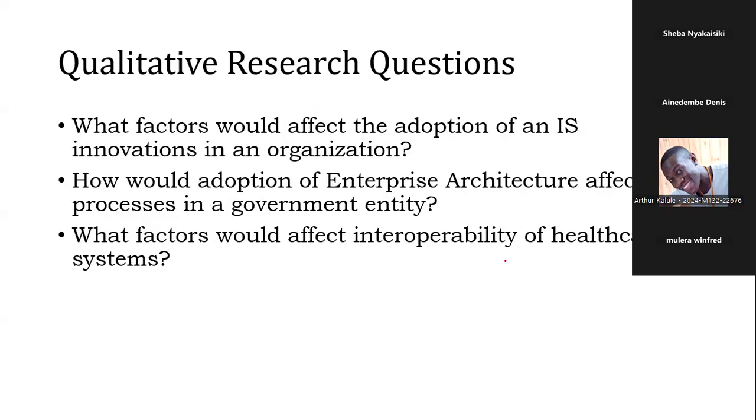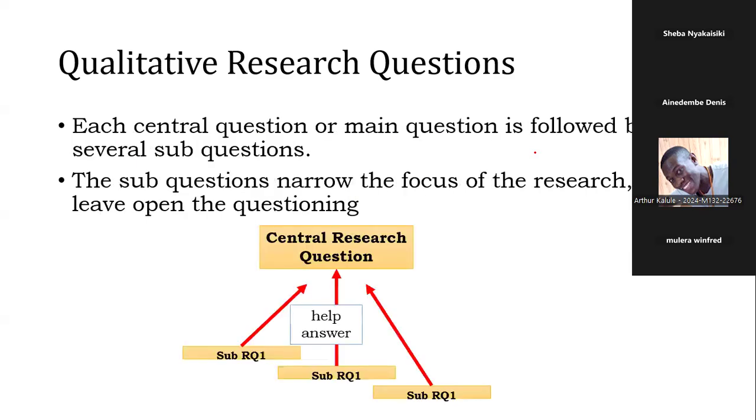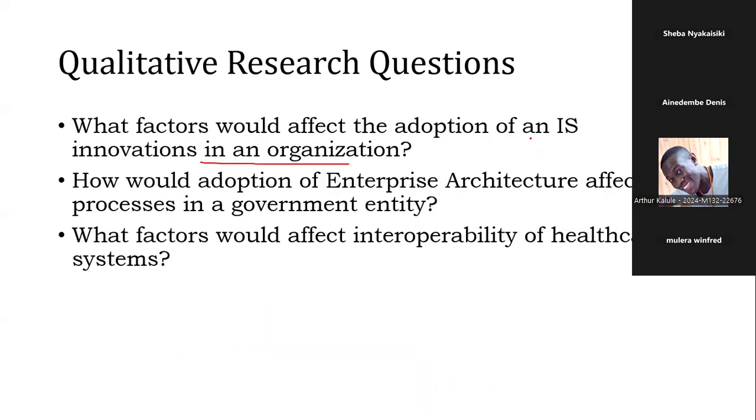So here are just some examples that I've picked out, specifically on the ICT side. Someone may say, what factors affect adoption of IS innovations in an organization? That is an exploratory type of research question.